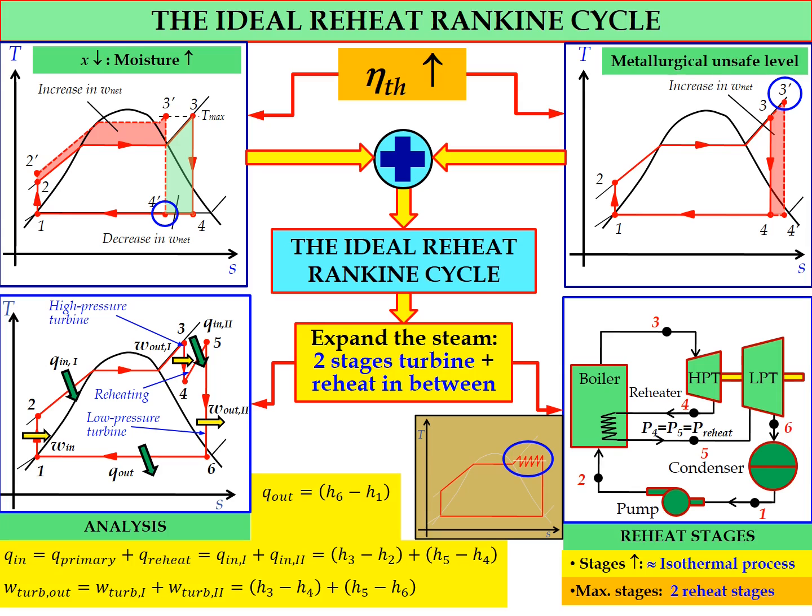For Q out, we only have 1 Q out, equal to H6 minus H1, the energy during the heat rejection process in the condenser. And W in, because we only have 1 pump, the formula for W in equals H2 minus H1. So these are the formulas that can be used later on to determine the thermal efficiency of the ideal reheat Rankine cycle.